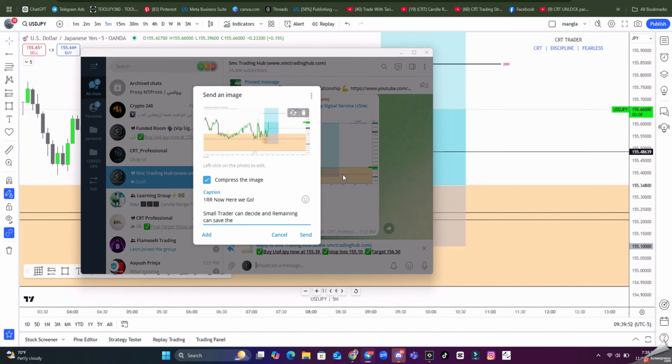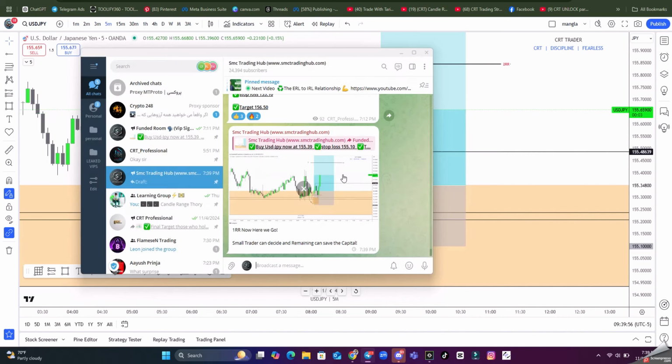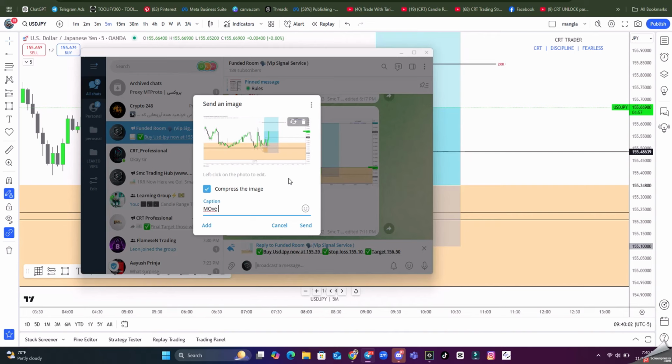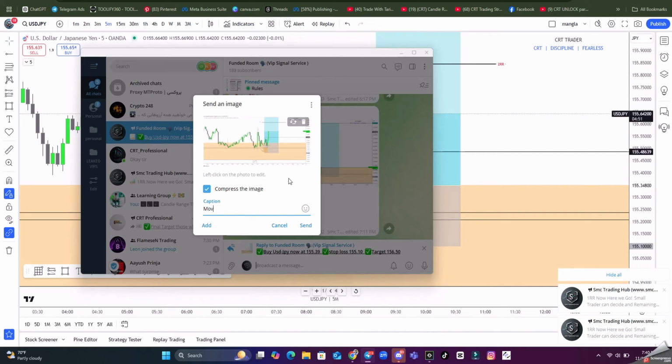Now the trade is just going upside, and we are just booming. So see how we mention and describe everything in our VIP section, because we update them step by step and tell them how to make the trade and how they are profitable with us. So USD going boom.